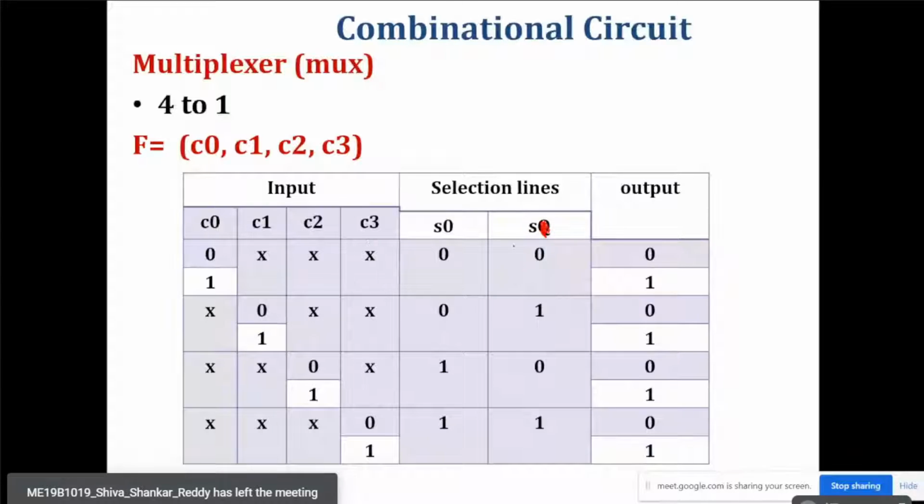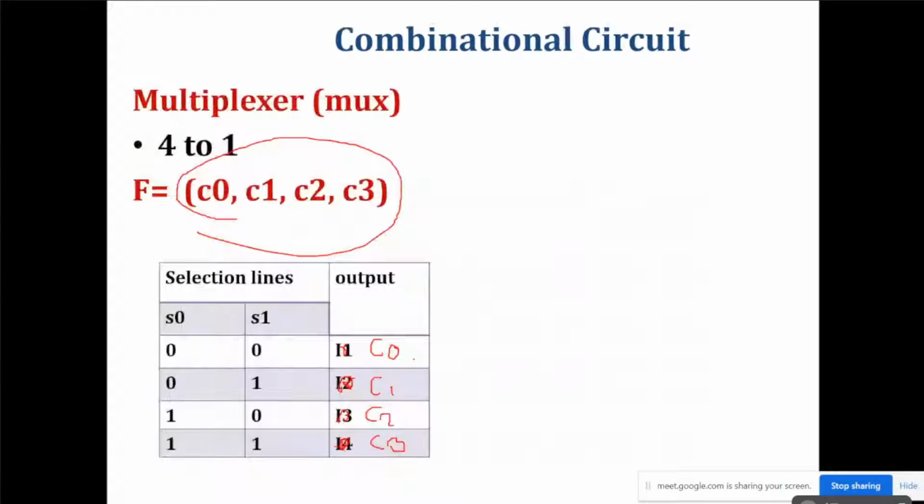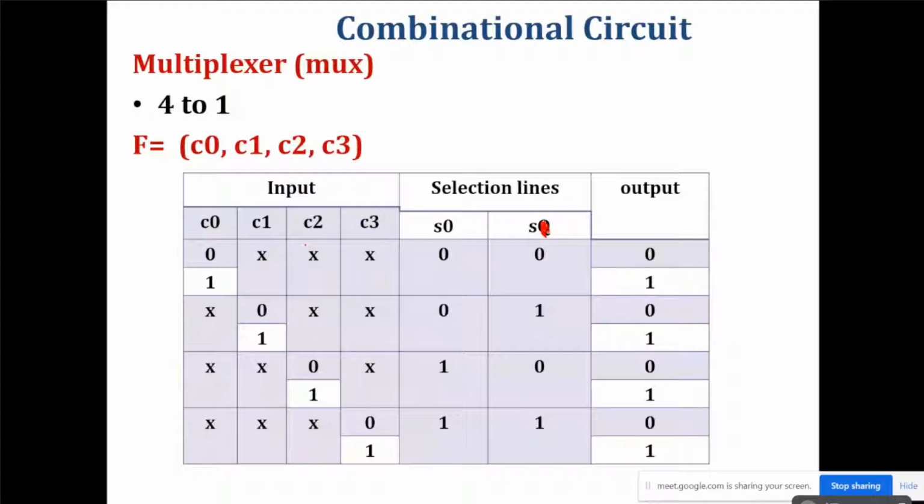If the combination of S0, S1 is 0 0, C0 will be selected. Here whatever the values of C1, C2 are, we don't care. So if C0 is 0, the output will be 0. If C0 is 1, output 1 will be selected. For the next combination, 0 1, C1 is selected.